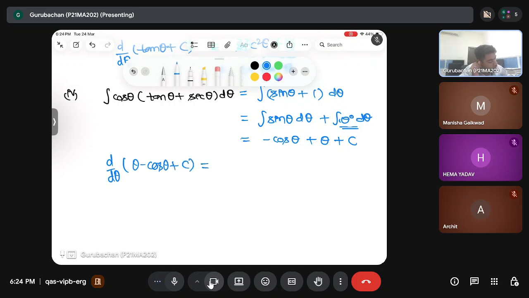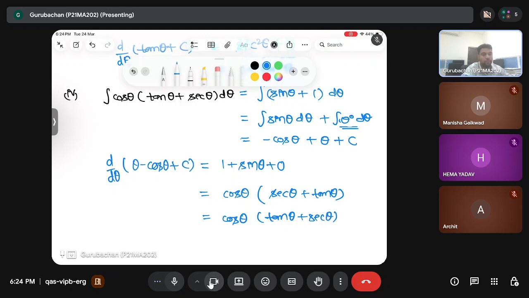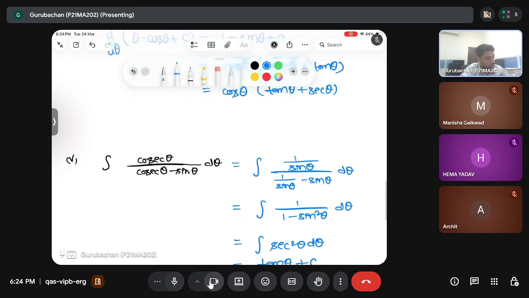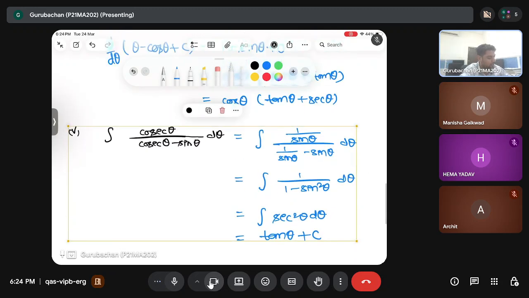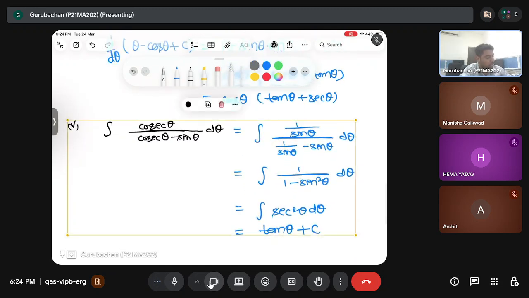This will give you 1 plus sine theta plus 0, and from here you may multiply and divide by cos theta, and you will get secant theta plus tan theta, and you can rewrite it as cos theta into tan theta plus secant theta. In the same way you need to differentiate this one, so I'm keeping it as it is. You can differentiate and check it.